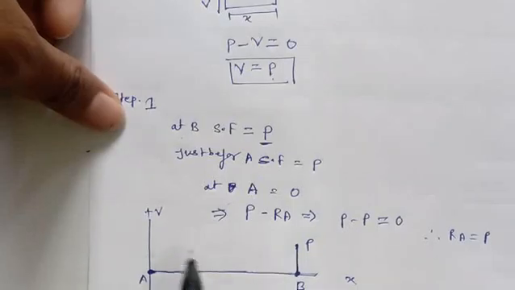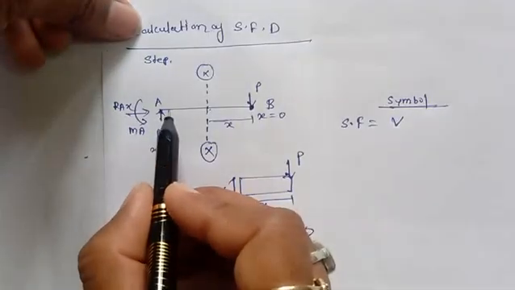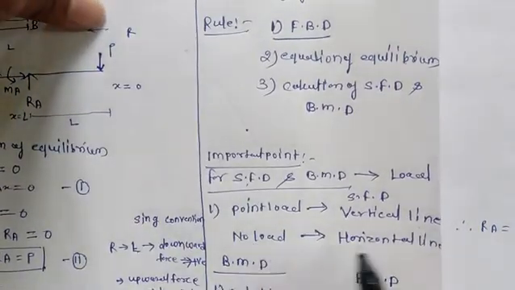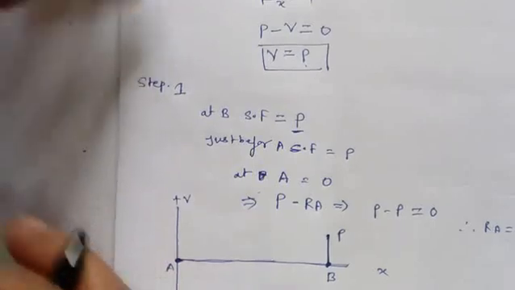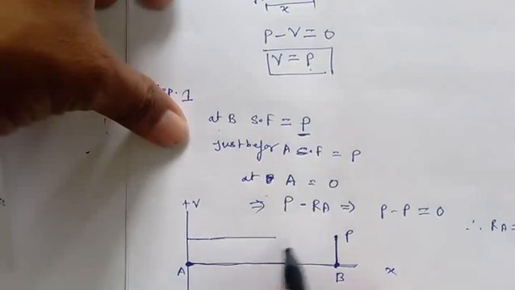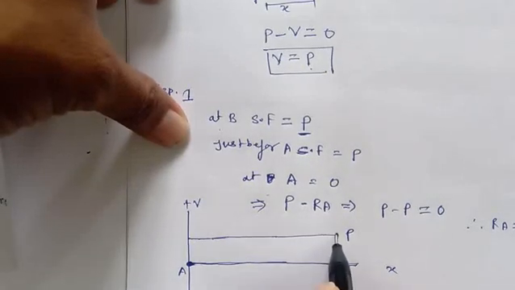And there is no load in this span, so it will be constant, as we have discussed here, no load, a horizontal line will be there. So just before A, it will be a horizontal line at the level of P.